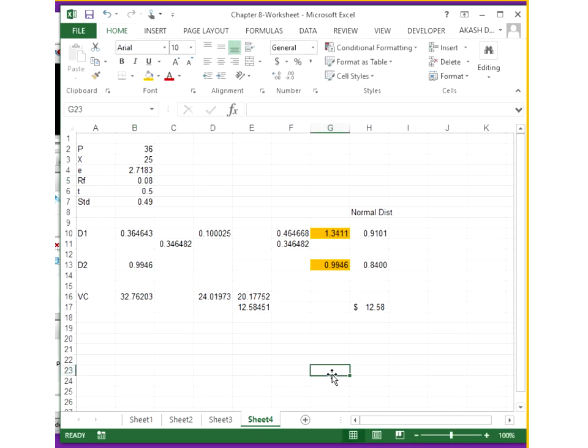And let's say if the Fed increases the risk-free rate from 6% now to 8%. So all the scenarios you can change, and you can play around with.